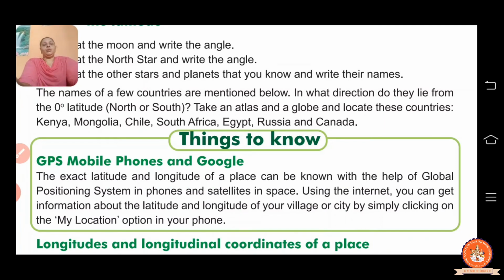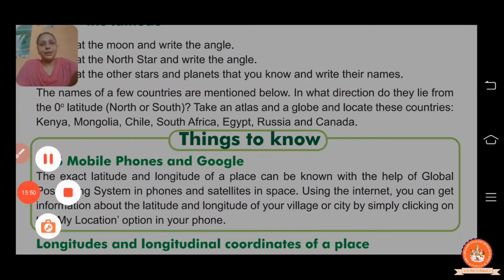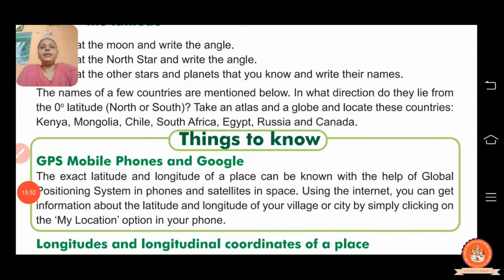GPS, mobile phone, and Google. What do GPS, mobile phones, and Google mean? What are you using? Okay, with GPS, mobile phones, and Google we can easily get the location of our country, our village, and which latitude passes through it. The exact latitude and longitude of a place can be known with the help of the globe, the global positioning system in the phone and the satellite in space.